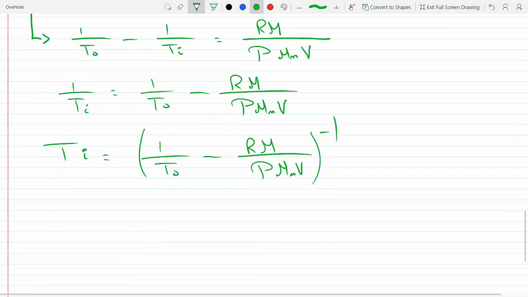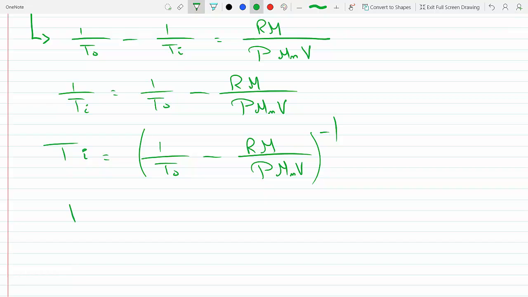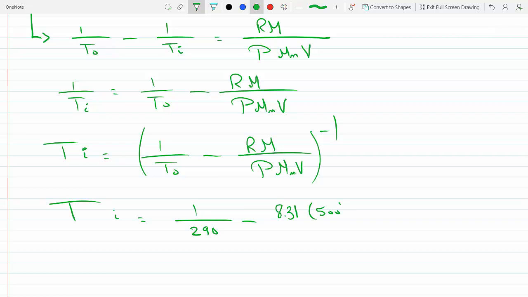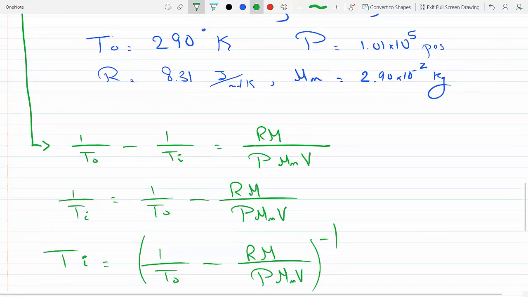And so let's plug the numbers in. We get 1 over 290 minus R is 8.31 times 500 divided by 1.01 times 10 to the 5th.